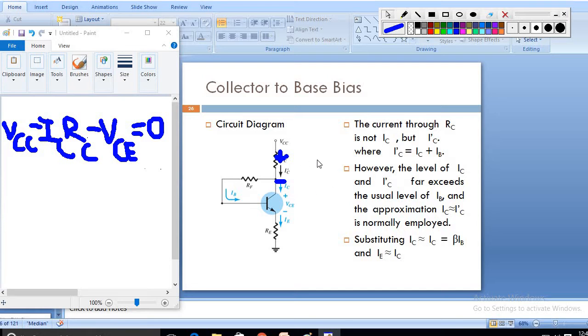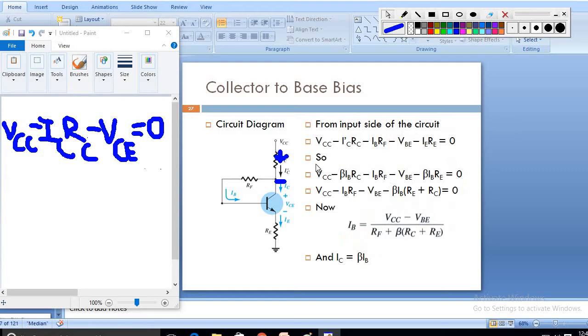This is the circuit diagram of this. And coming to this again, I need to apply the KVL for the input loop. So here, the input portion is from here to here. This is the input portion.